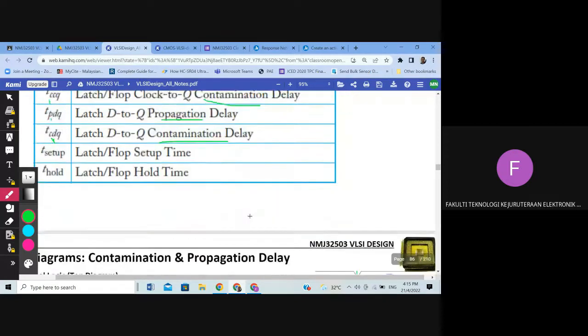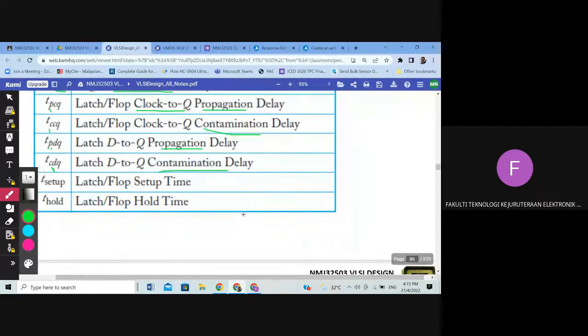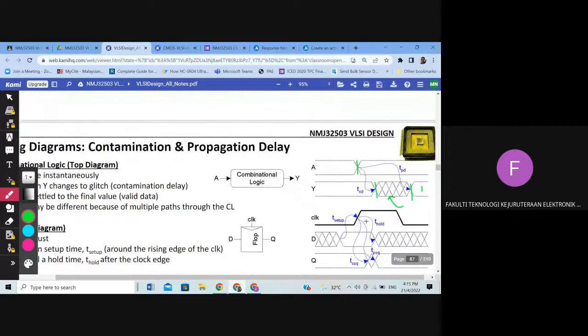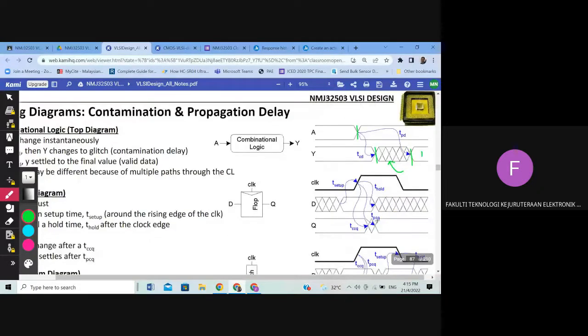The next one, clock to Q contamination delay. Let's look at this one. The CQ contamination delay, and PCQ. As we discussed, contamination delay is normally the initial change at the output. Remember that, same as this one. Initial change at the output.